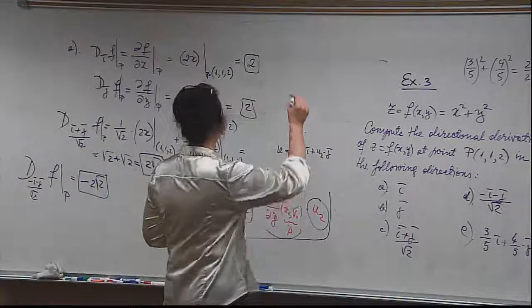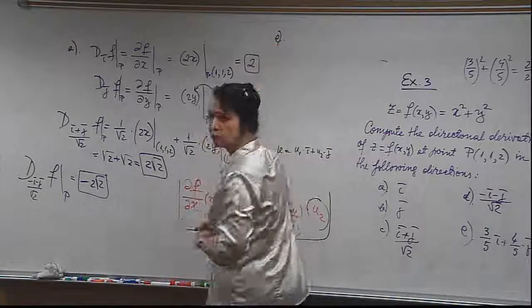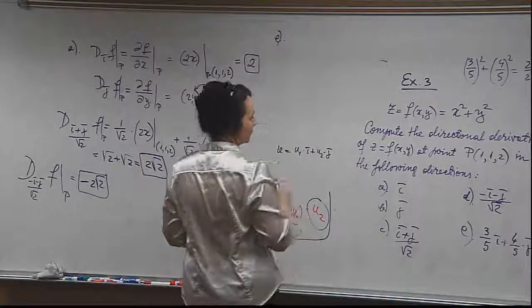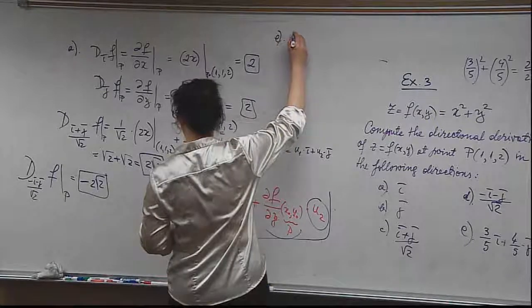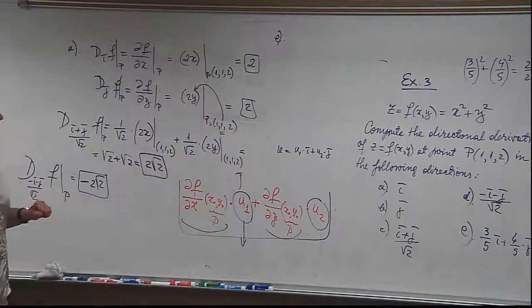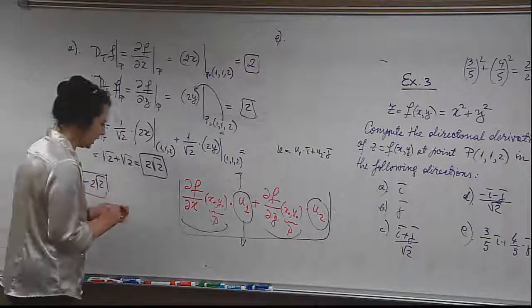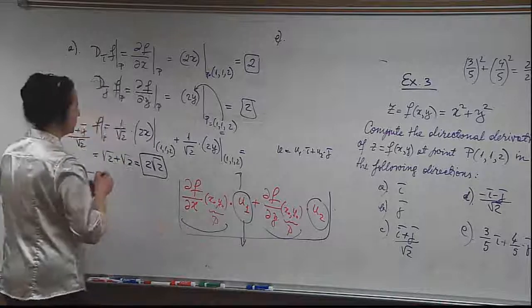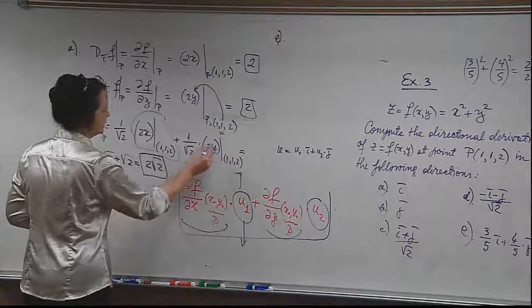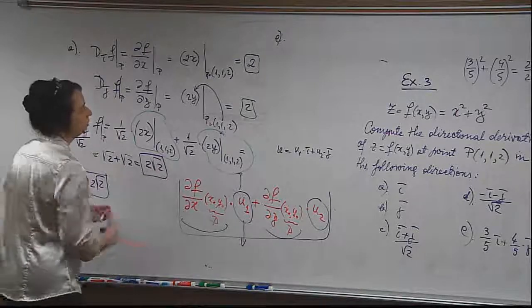One last thing. I have e. I still have that. So I have the same thing. It's not going to matter. The direction is the only thing that changes. These guys are the same. The partials are the same at the same point. I'm not going to worry about them. So I get 2 for both.